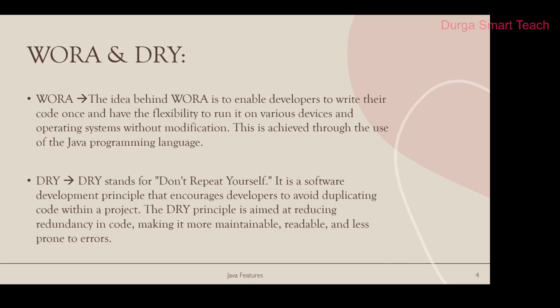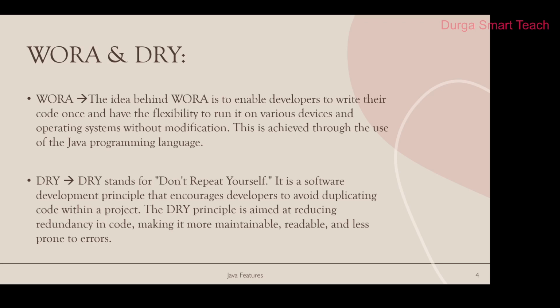When we compile it, it will generate the bytecode. That bytecode can be run anywhere and on any system. That is the best flexibility of Java. Write the code once and have the flexibility to run on various devices and operating systems without any modification.